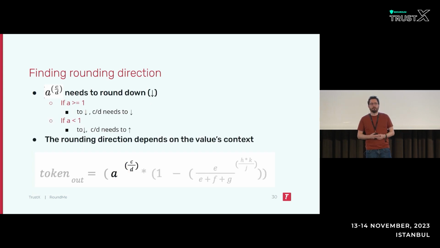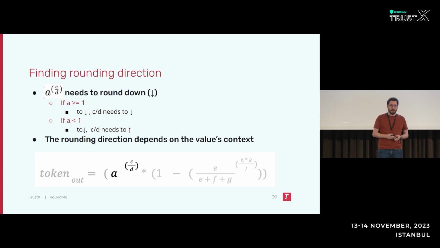Now things are going to become a bit complex. Here we have a number which is to the power of a fraction. We want this overall number, so A to the power C over D, to round down. If you think about it quickly, you will go toward saying, okay, everything just needs to round down, because if you multiply something again by a power and you want the overall result to round down, everything needs to round down.